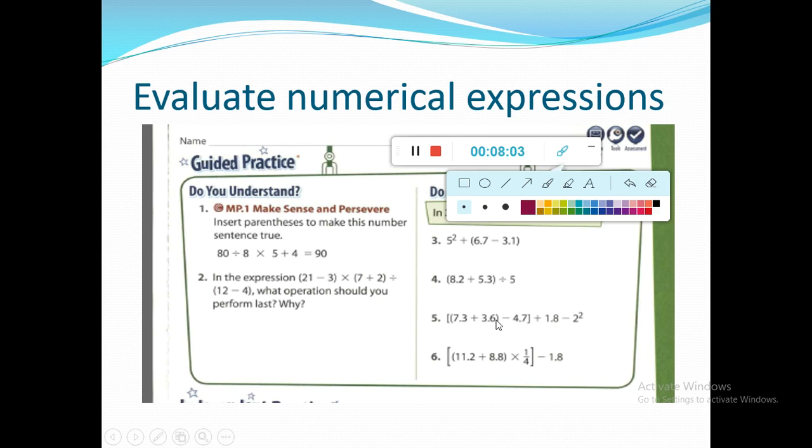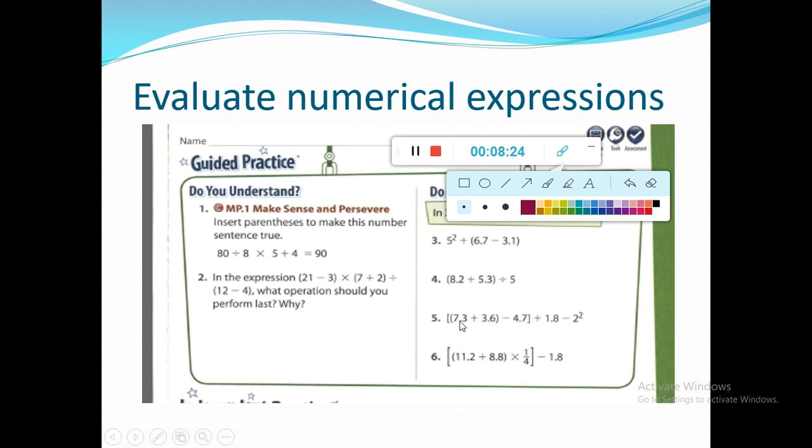So we start with the parentheses: 7.3 plus 3.6 equals 10.9. 10.9 minus 4.7 equals 6.2.